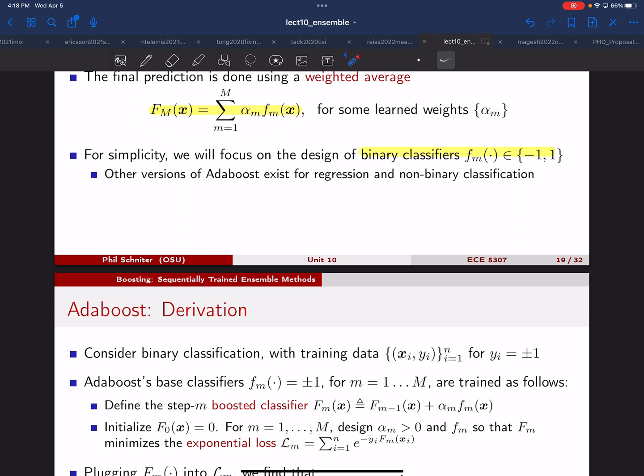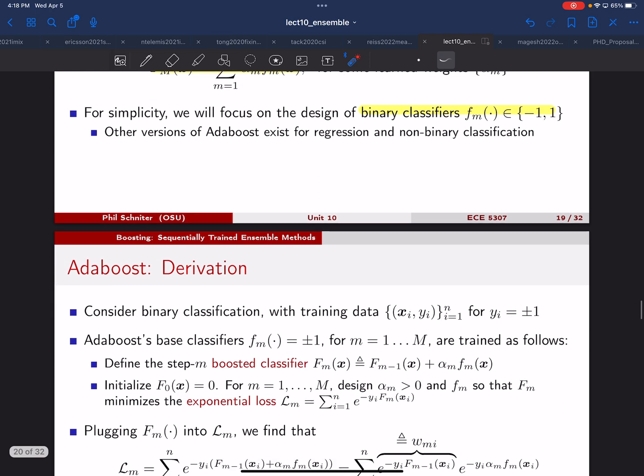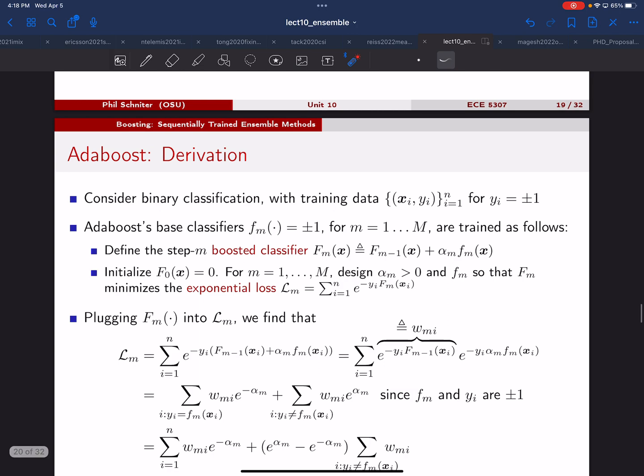We start with alpha 1 and f1, and we initialize at 0, so f0 will be just the 0 function. Capital F1 will be alpha 1 f1, capital F2 will be alpha 1 f1 plus alpha 2 f2, capital F3 will be the first 3 of these added together, and so on. So that's what this boosted classifier gives us.